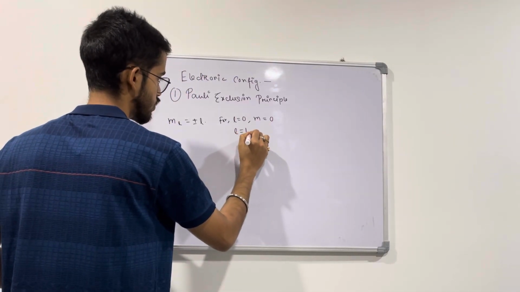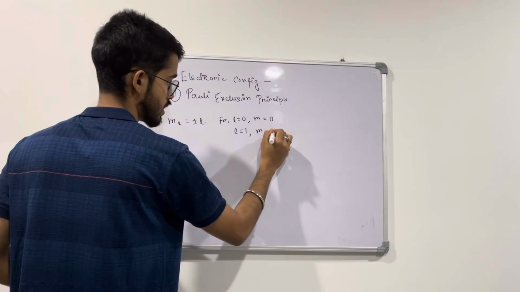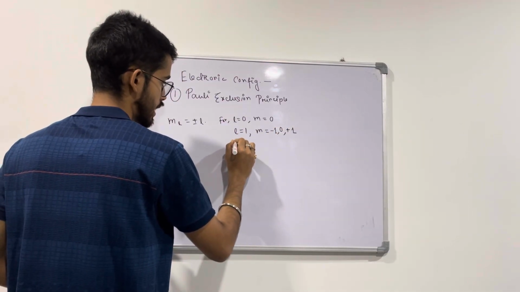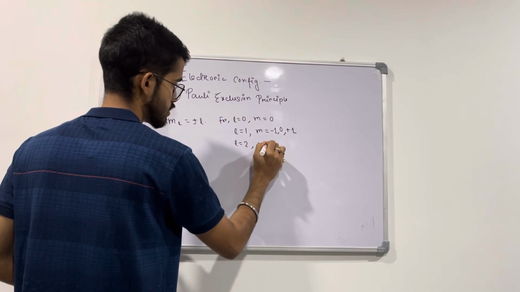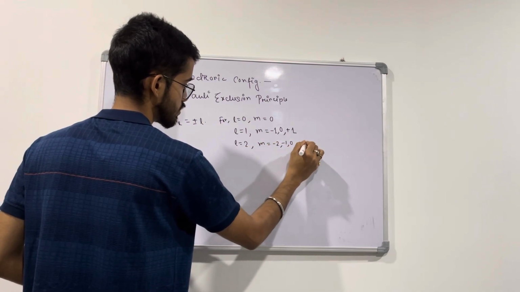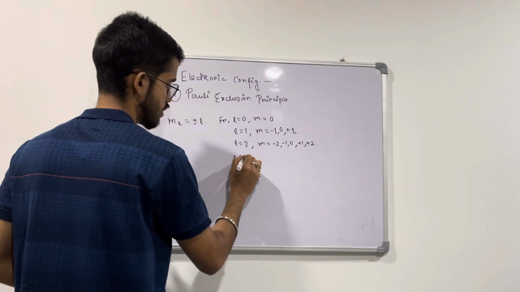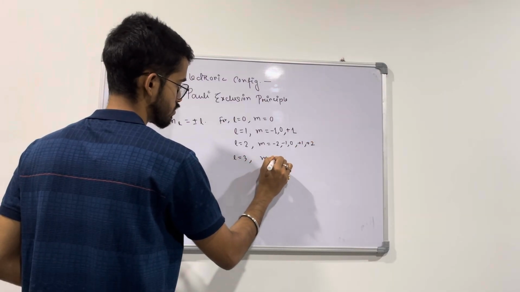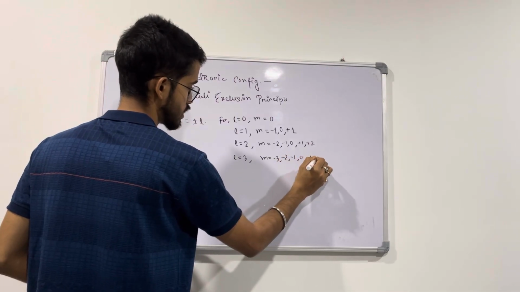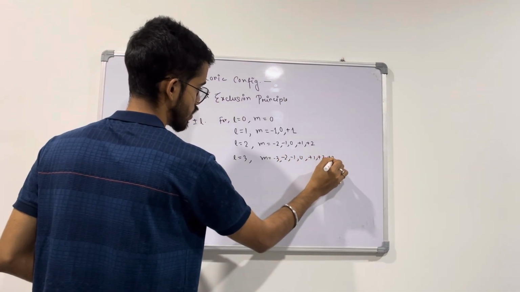L is equal to 1, M is equal to plus minus 1, means minus 1, 0, plus 1. L is equal to 2 means M is equal to minus 2, minus 1, 0, plus 1, plus 2. L is equal to 3 means M is equal to minus 3, minus 2, minus 1, 0, plus 1, plus 2, plus 3.